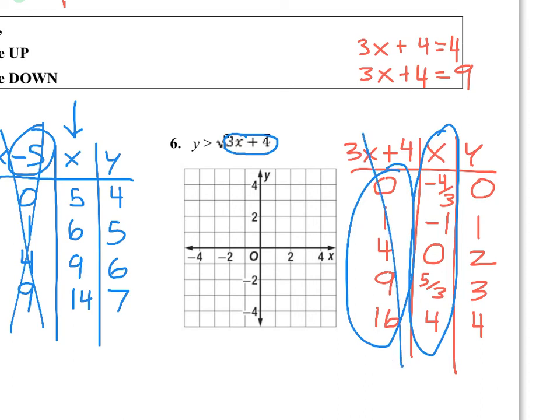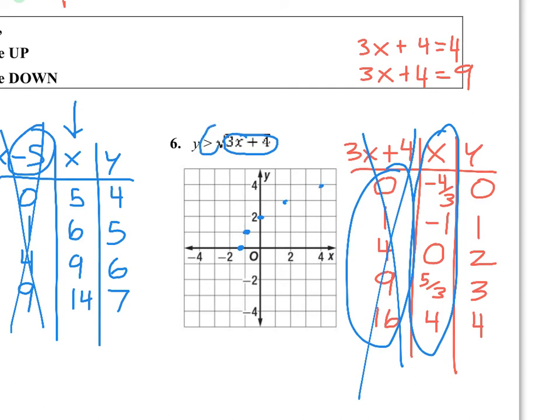Alright, I don't want to graph this column. First point I want to graph is negative 4/3, comma 0. Negative 1, 1. 0, 2. 5/3, which is 1 and 2/3, comma 3. 4, comma 4.